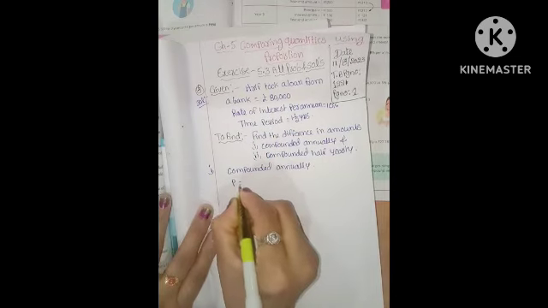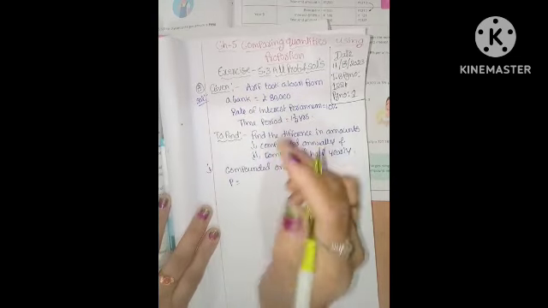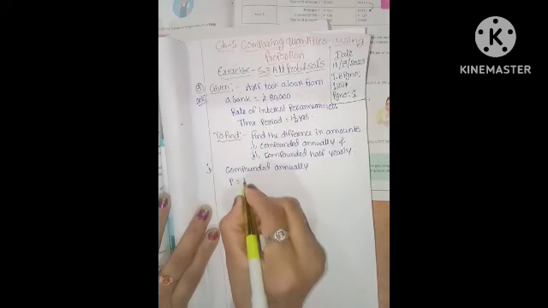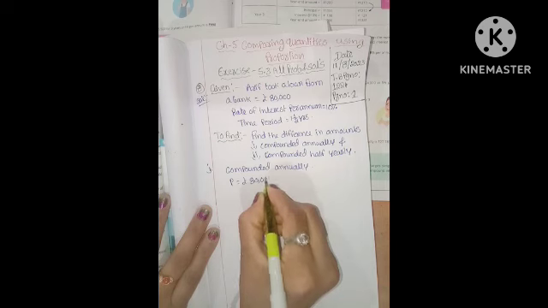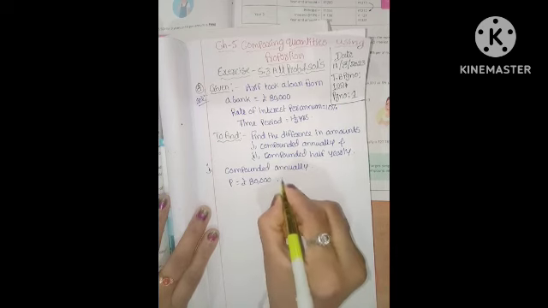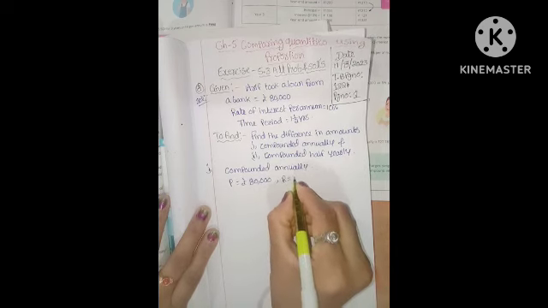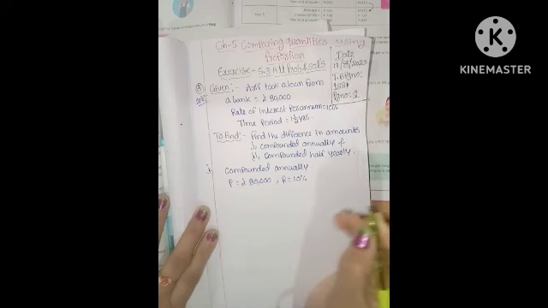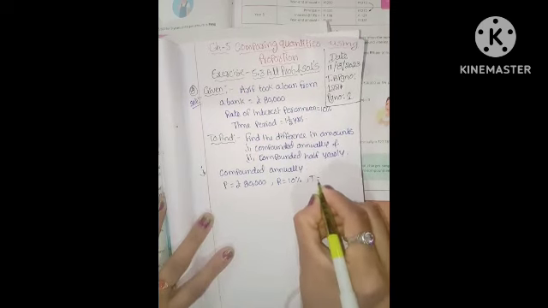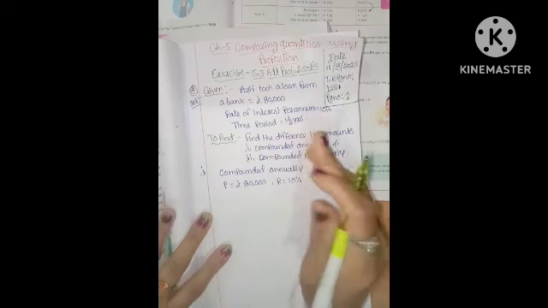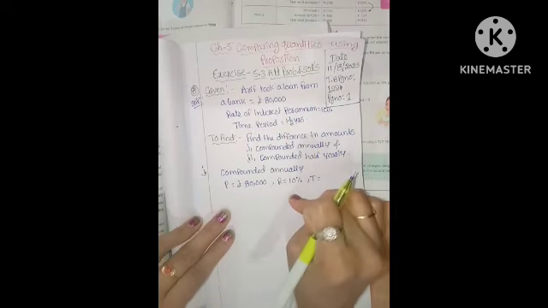P is given, the loan Harith took from a bank, so P equals 80,000. Next, the rate of interest is 10%. Next, time period T equals 1 year. First, we have to calculate for 1 year.